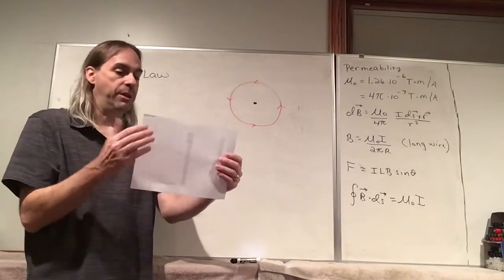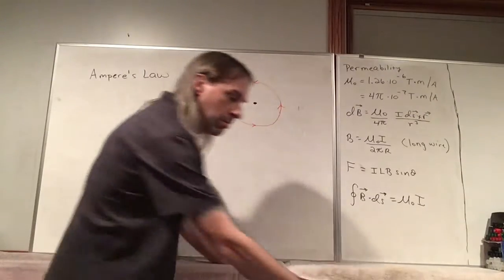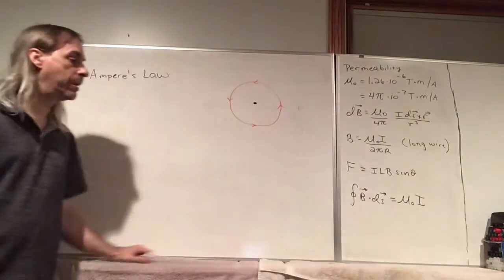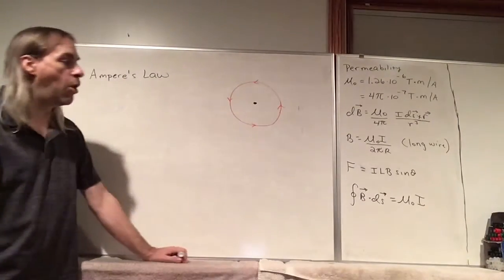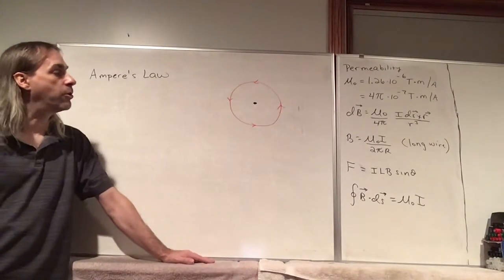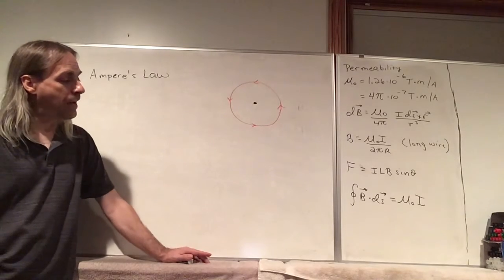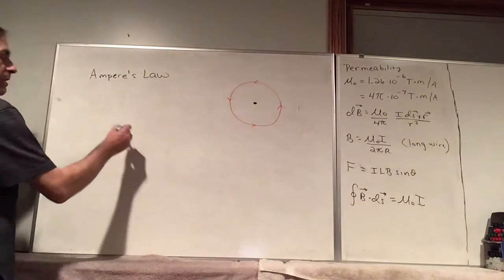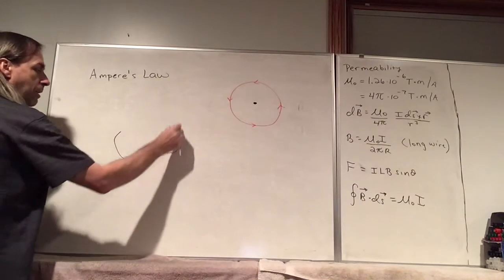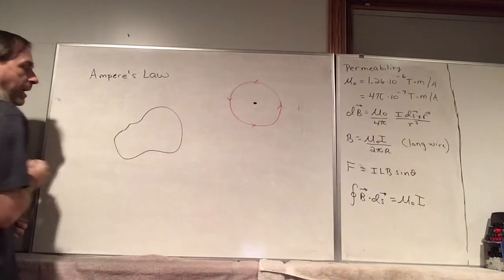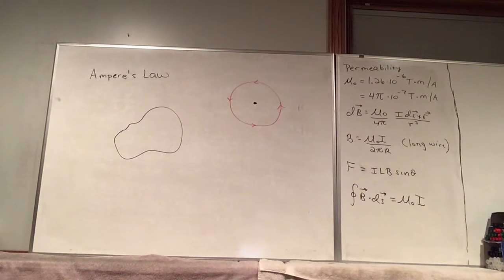That's an open surface. There's two sides to it, and a closed surface, just like a ball or something. That would be a closed surface. So here, a closed curve could be a circle. Could be something like this. This would be an acceptable curve to use Ampere's law because it is closed.